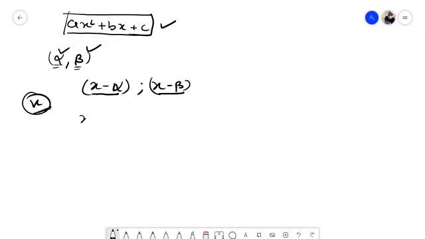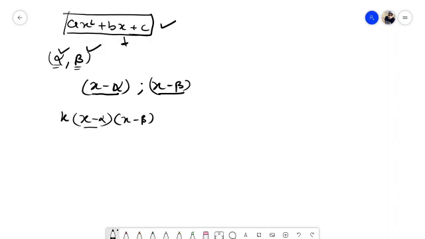So when you multiply the factors, that is x minus alpha into x minus beta, and multiply this by k, that is the constant term, we are going to get the polynomial, isn't it? Because I'm doing it in the reverse order: when we find out the zeros of the polynomial, what we get in the last is the factors, right?